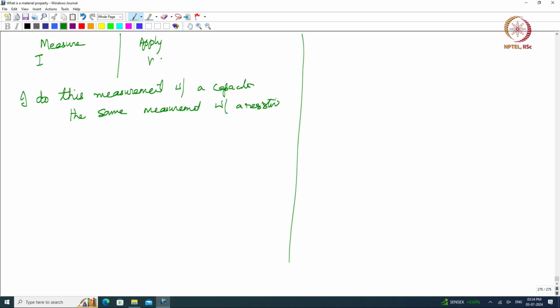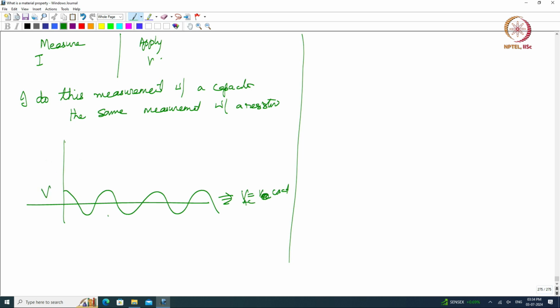Even in a resistor I can just apply a voltage waveform which is a cosine, V equal to V_AC cos omega t, or let me write V equal to V naught cos omega t, and I can measure current as a function of time, which actually follows the voltage, right.